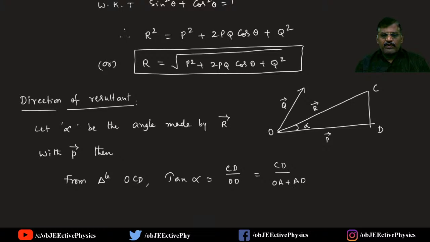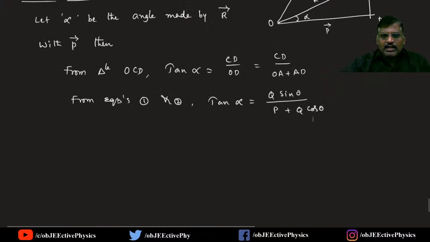So from equations 1 and 2, we can write tan alpha is equal to CD, which is Q sin theta, divided by OA, which is P, plus AD, which is Q cos theta. So tan alpha is equal to Q sin theta divided by P plus Q cos theta.